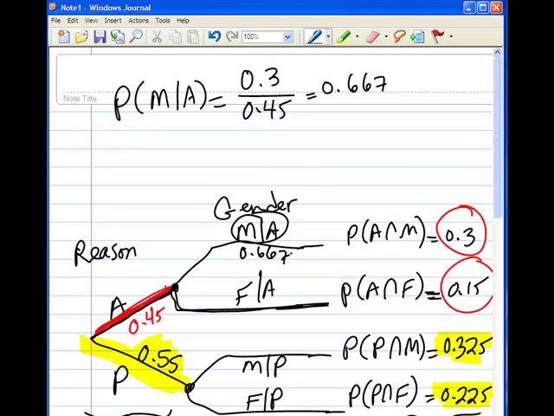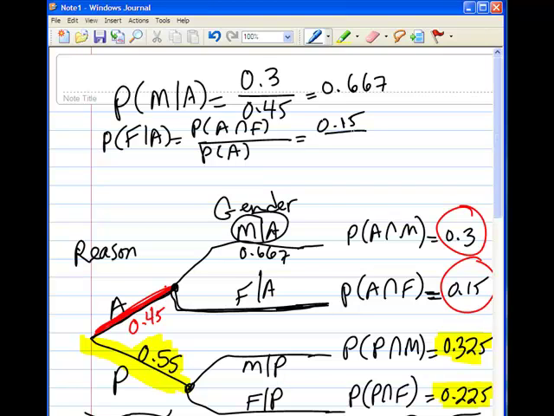And similarly, I can compute this one. This is probability of F given A, which is probability of A and F divided by probability of A, which is 0.15 divided by 0.45, which is equal to 0.33.